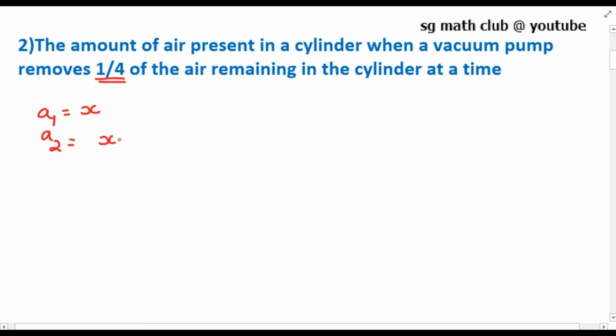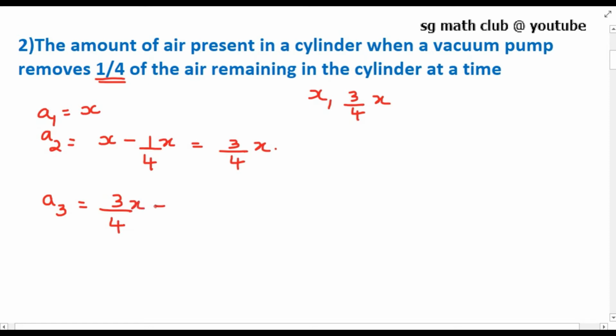So 1/4 of x means 1 by 4 x it removes. That means we need to subtract. So the remaining is 3 by 4 x. So first x, then I have 3 by 4 x. Now the third time, the cylinder has 3 by 4 x. From this it is going to remove 1/4 of the air present in it, that is 1 by 4 of 3 by 4 x.